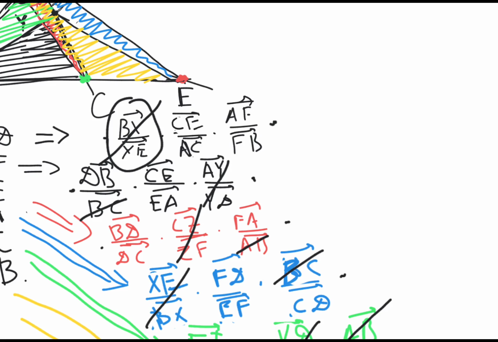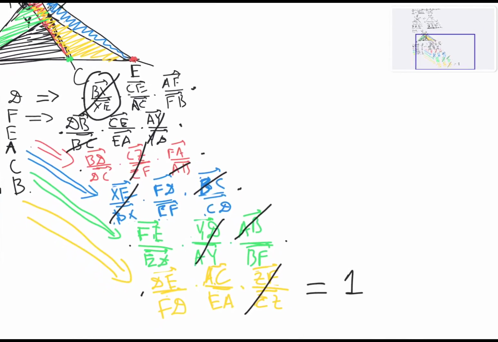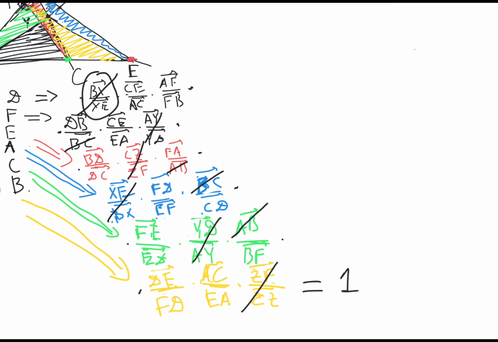So we inverted both vectors in this ratio, and now we can cancel AC and AC here.